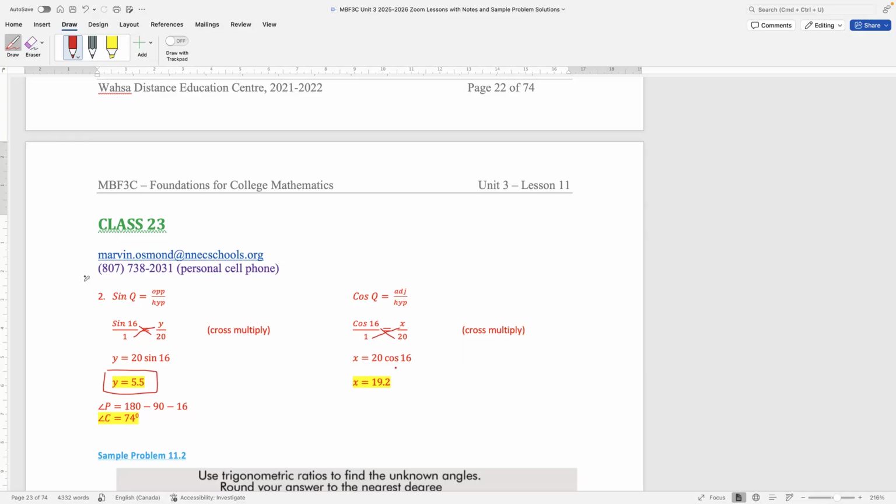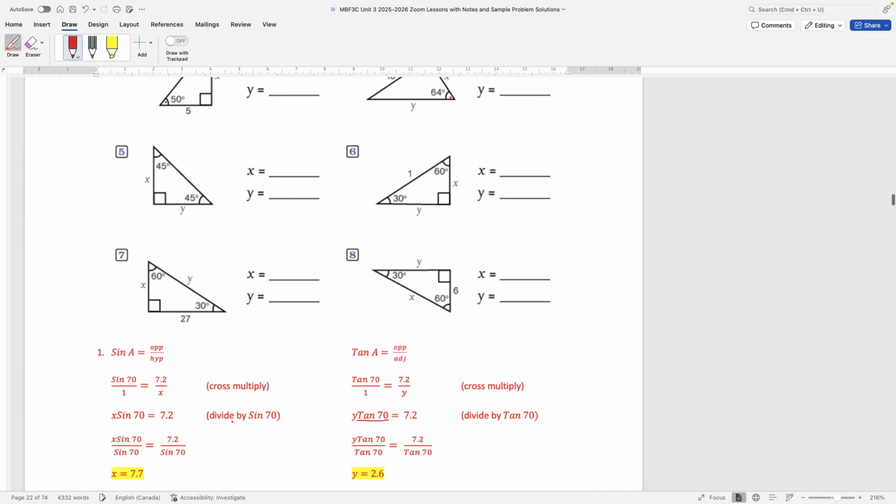Plug that into your calculator. 20 cosine 16 equals 19.22523392. Round that to the nearest tenth, or one decimal place, and you'll get 19.2. There's the angle we said was subtract 74 degrees.